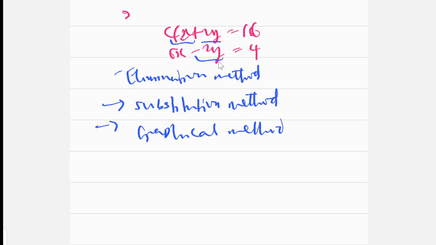Then you now think of what you can do to make the coefficient to be equal. So to get rid of a variable, here we have 4x plus 2y is equal to 16, 6x minus 2y is equal to 14. Then now think, are you going to add these equations together or subtract them before you can get rid of y?